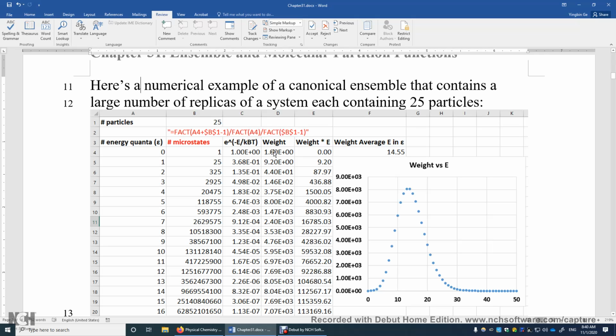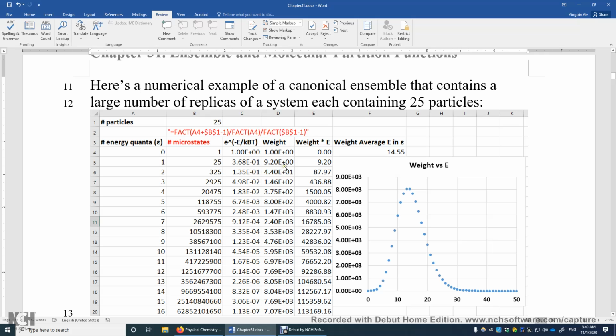So this weight is the product of this Boltzmann distribution times the number of microstates. So over here, 1 times 1 is 1. How about this? 25 times 0.368, you get 9.2. How about this one? 325 times 1.35 times 10 to the power negative 1.